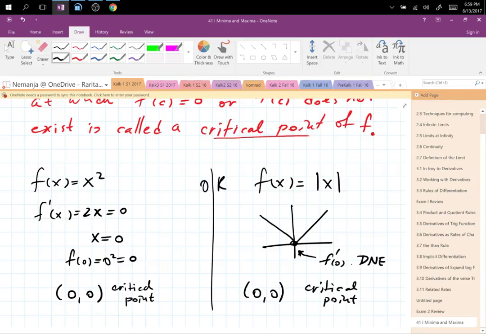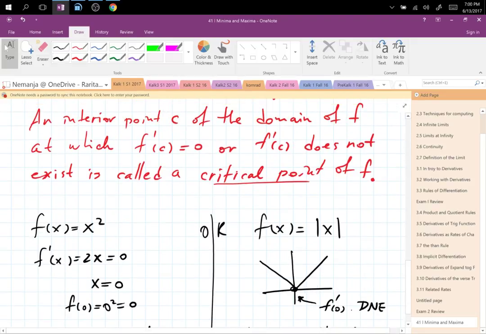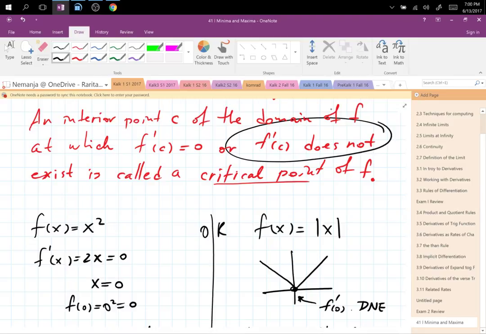So at 0 the derivative is trying to be +1 and -1 at the same time, which is impossible, which is the reason why the derivative does not exist at that single point. So the derivative of absolute value of x exists everywhere except at (0, 0). And by our definition of the critical point, which is the second part, if the derivative does not exist at a point somewhere, that's a critical point. Now, whether we have a min or max, that's later analysis, but it is a critical point of the function.